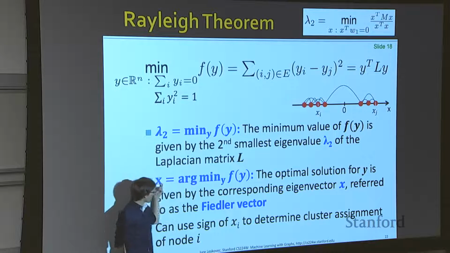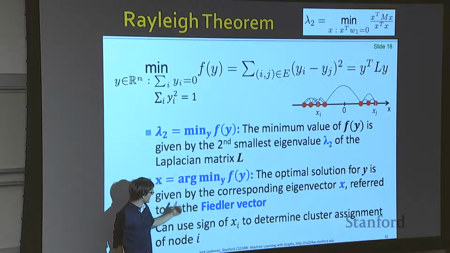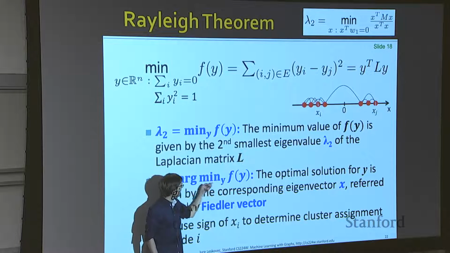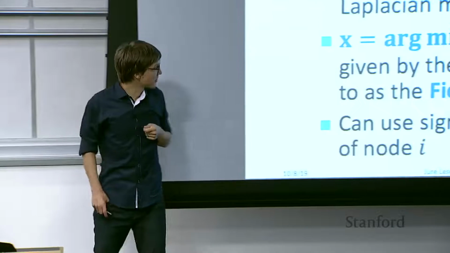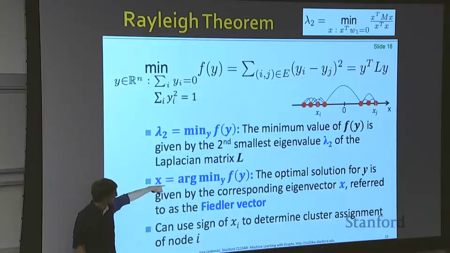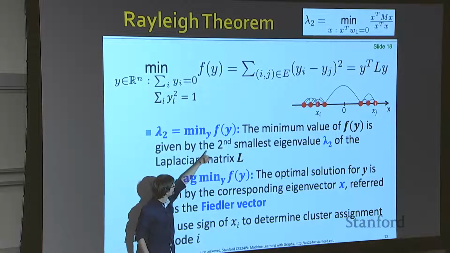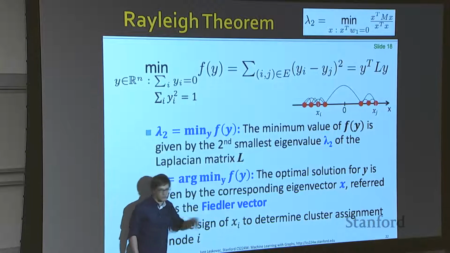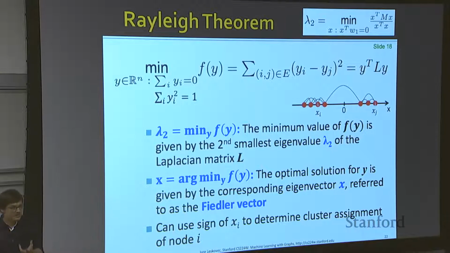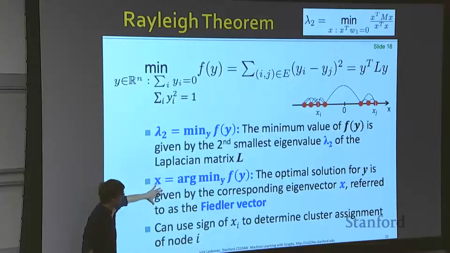And then x, the eigenvector corresponding to the second smallest eigenvalue, is the other part of the solution to this problem. This eigenvector x that corresponds to the second smallest eigenvalue is called the Fiedler vector. So if somebody says Fiedler vector, this is what they mean.